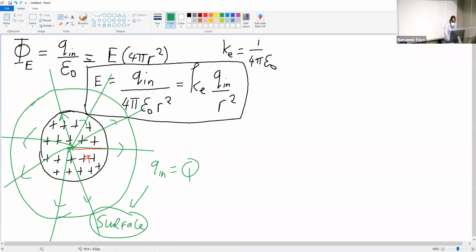And so it means that when I'm calculating the electric field at a point with radius R, so when R is greater than A, so if I'm outside, then Q in is equal to Q.